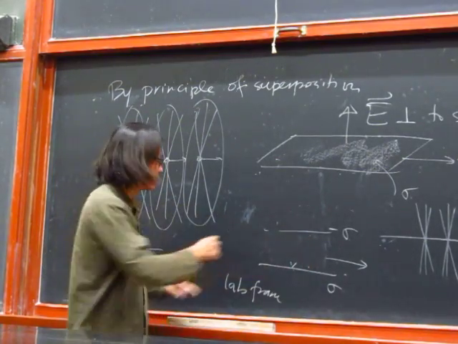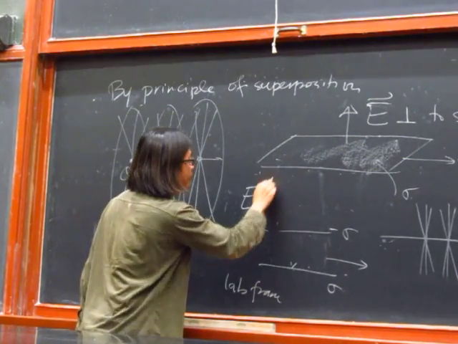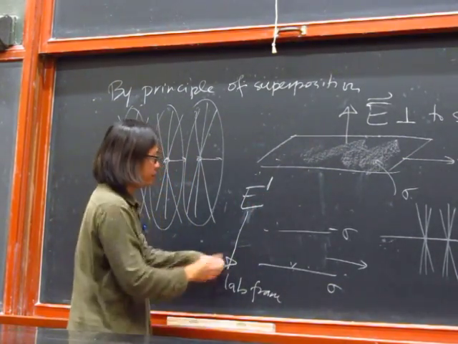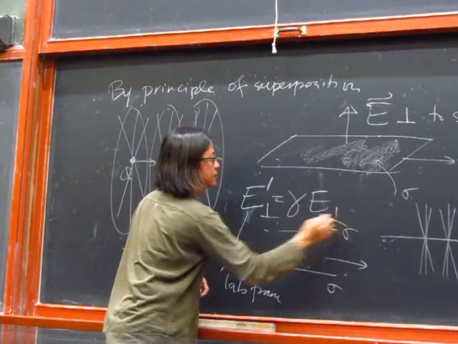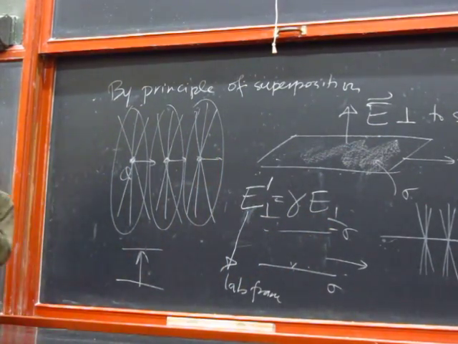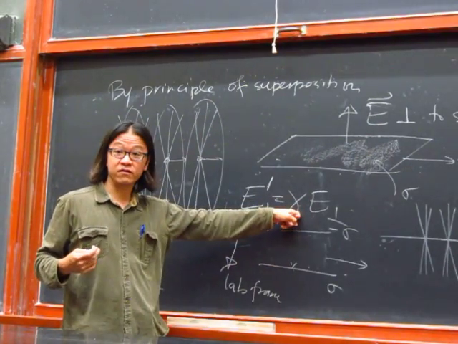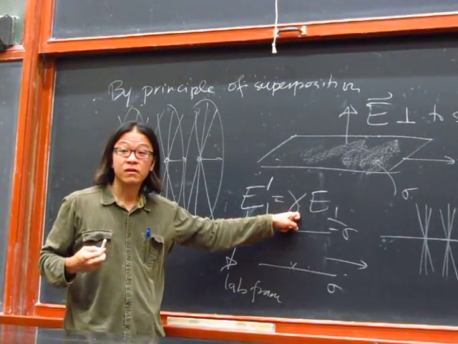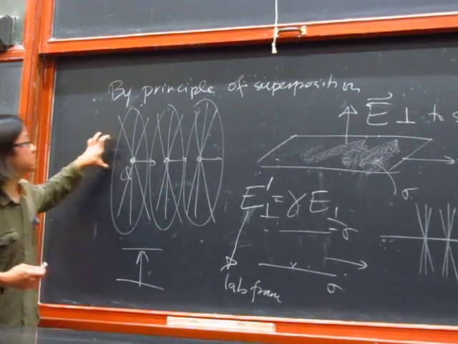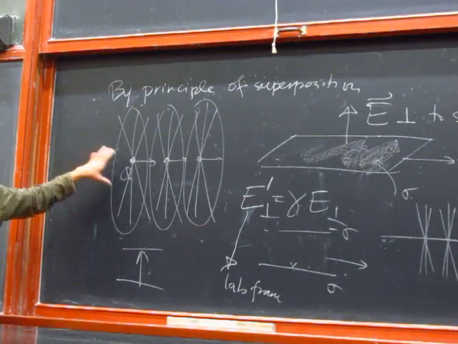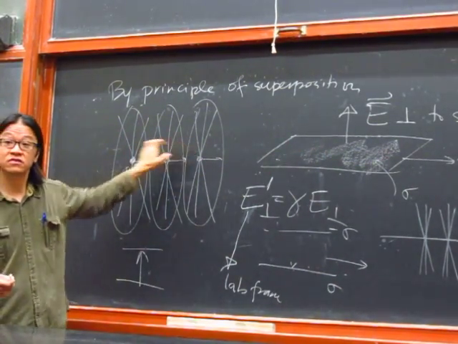I don't know if you remember, E prime in the lab frame is equal to gamma E. It's boosted so the field is actually larger, but it's still normal. And the explanation for the fact that it's normal comes from this: you can still construct the charge density out of individual charges.